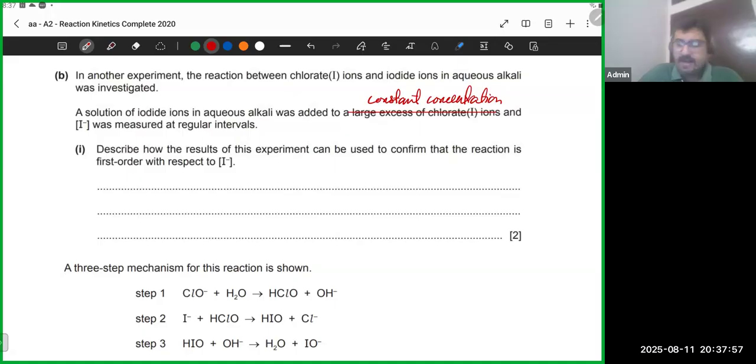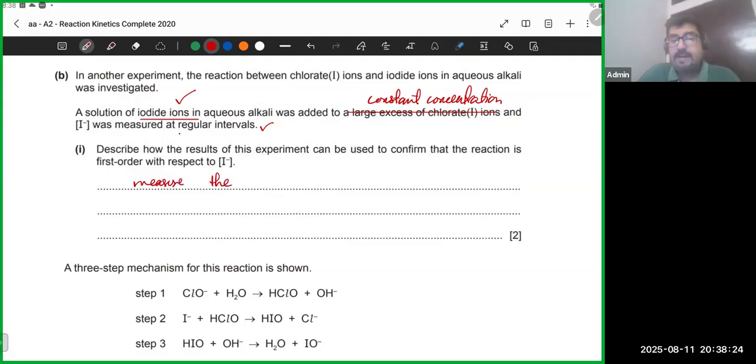So for a solution of iodide ions, he's measuring it at regular time intervals. He's asking how would you confirm the reaction is first order? Now if he plots the concentration of iodide ions versus time, what you can do is measure the half-life.